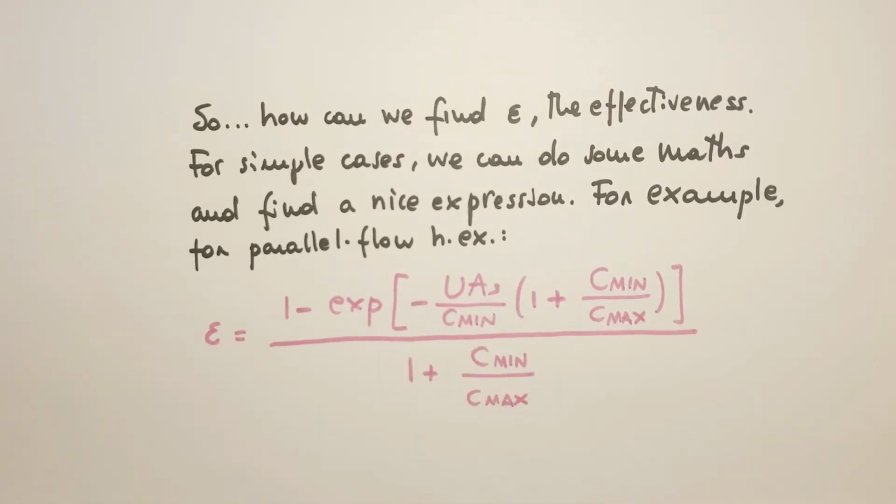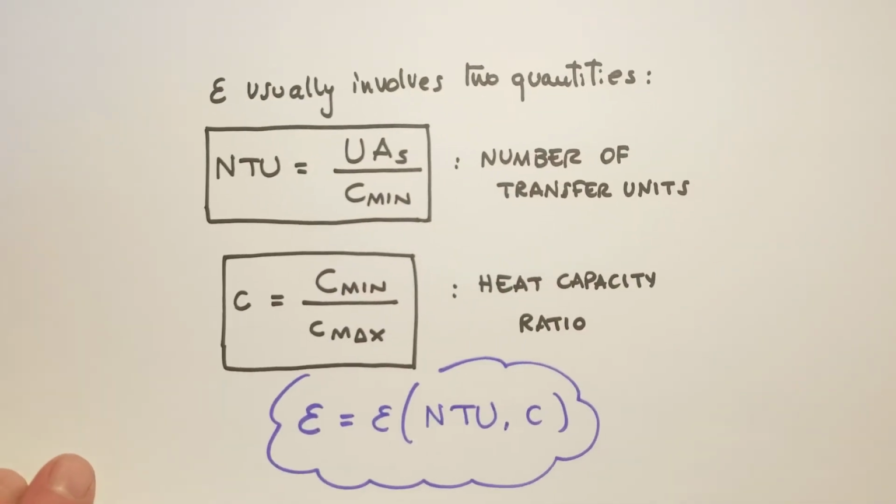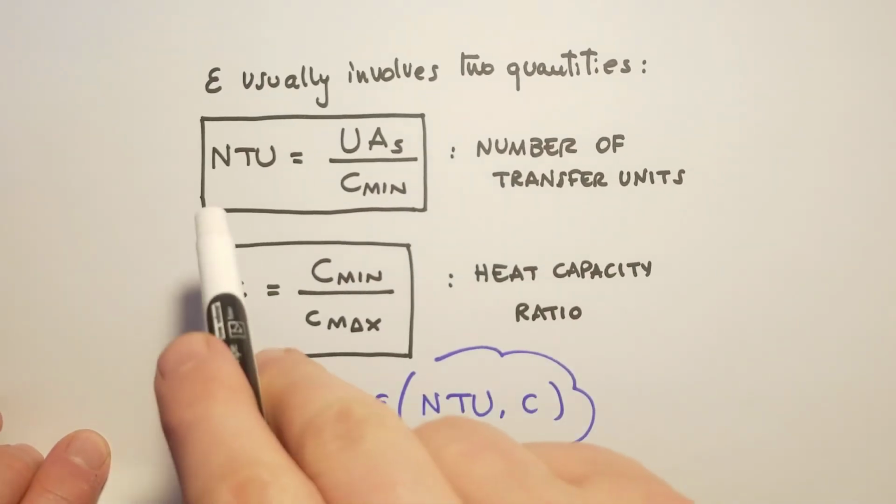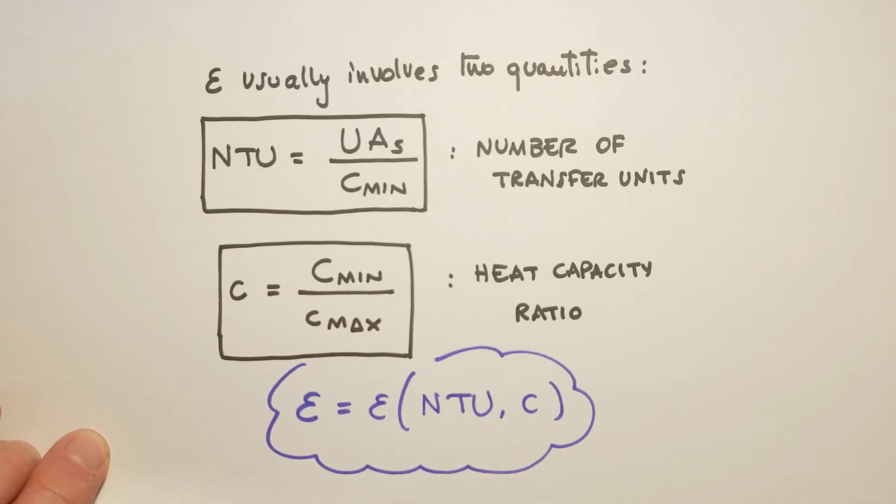And what's interesting to note is that there are two quantities that can be noticed here in the formula. We can see that the effectiveness depends on two quantities. One quantity is what we call NTU, the number of transfer units.